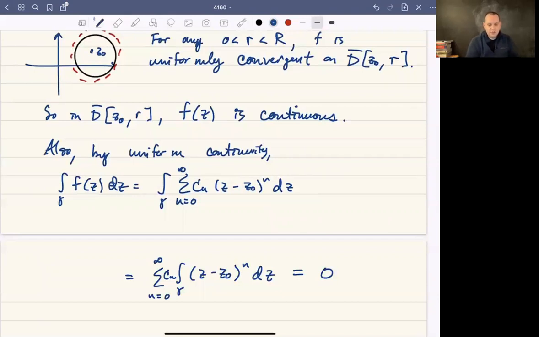And since this is true for all curves gamma, there are two more things that I need to say here. The first is that what we said so far was true because I specifically applied it to gamma being this circle.